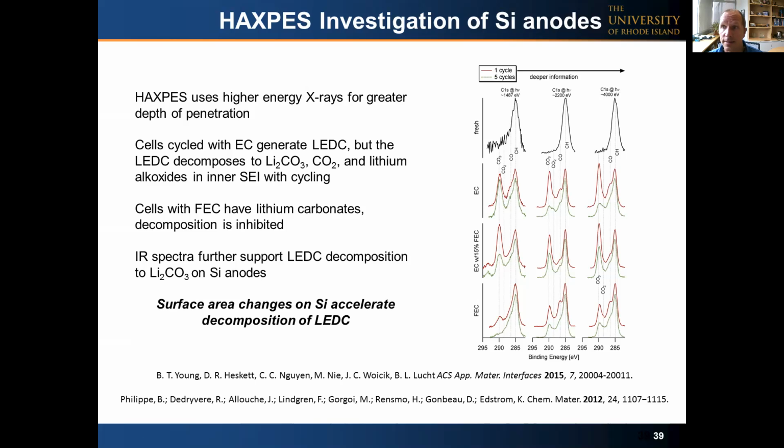The SEI is not stable. It's changing. It's decomposing. While in the case of the FEC-based electrolyte, the SEI isn't changing on the outside or on the inside, which suggests that the SEI itself is stable. So what this suggests is the surface area changes on silicon accelerate the decomposition of lithium ethylene dicarbonate, and this contributes to the poor performance of silicon anodes.